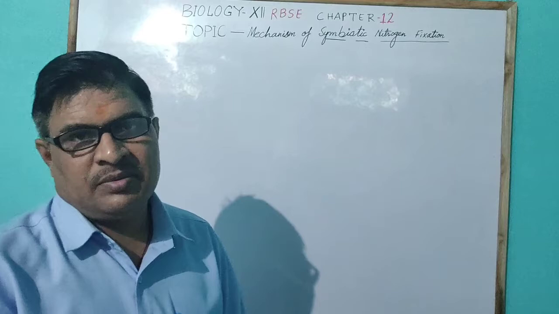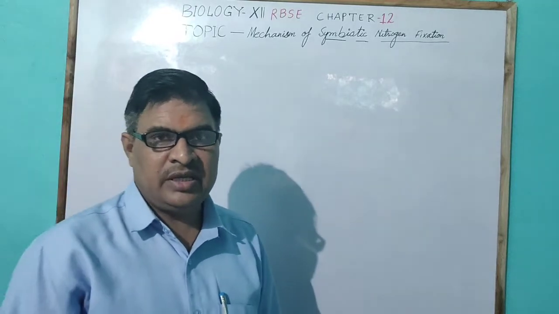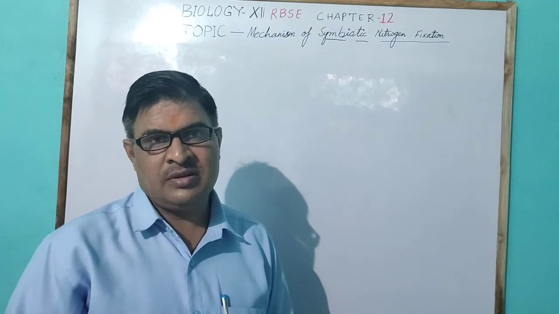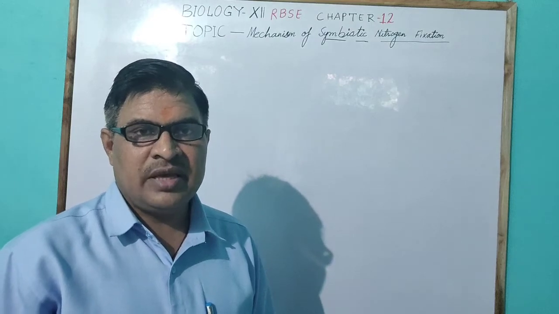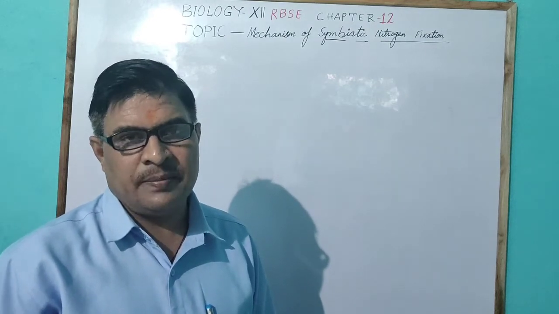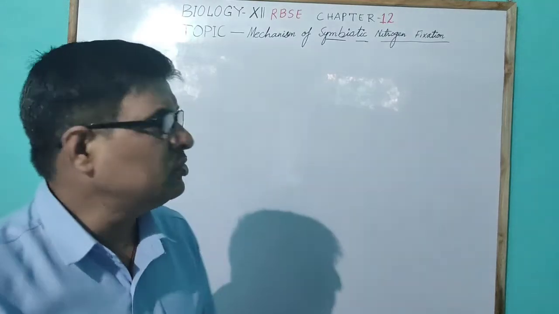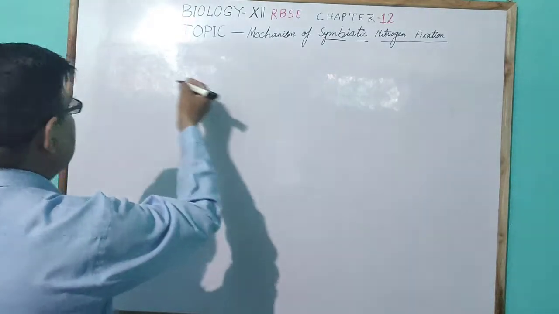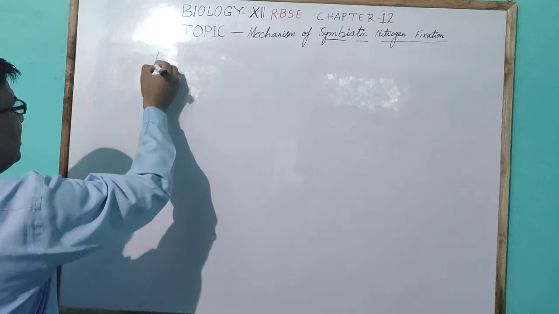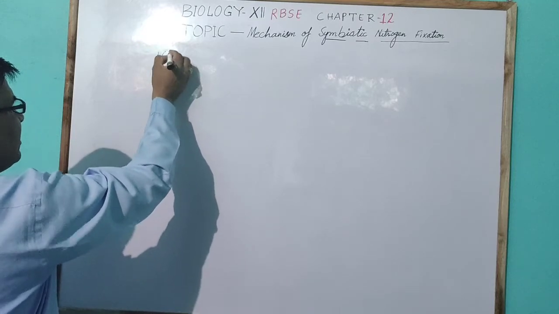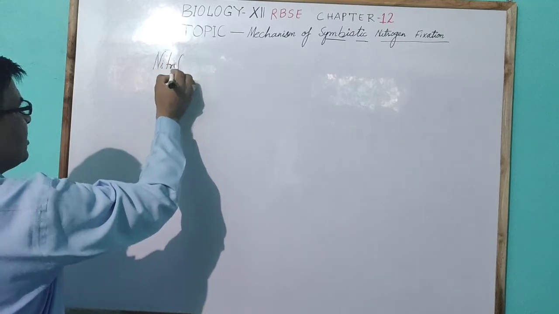After completion of these two steps in nitrogen fixation, the first step is assimilation of ammonia and the second step is ammonification. Now the third step is called nitrification.